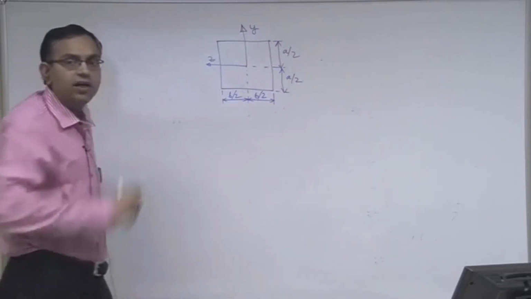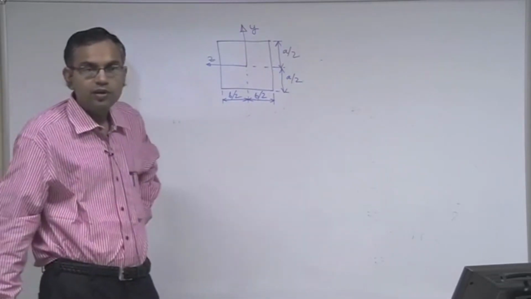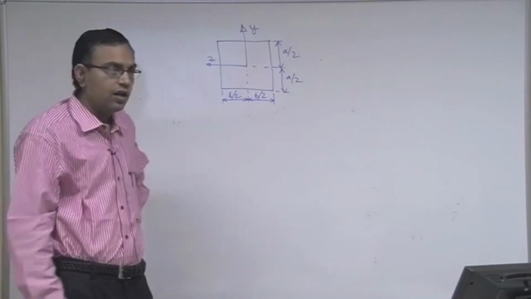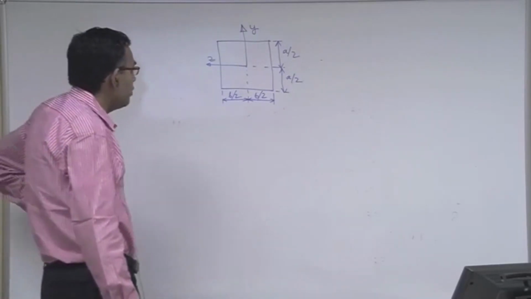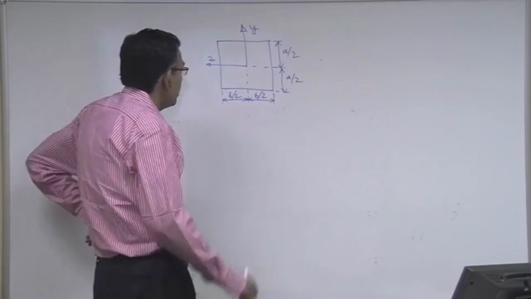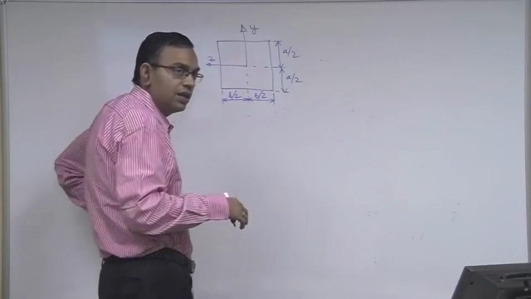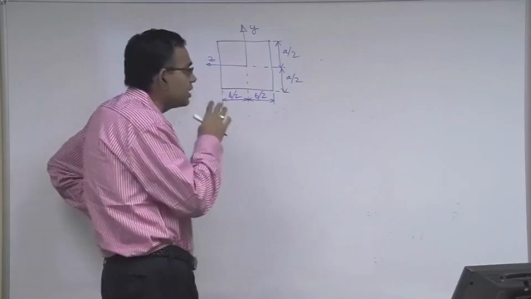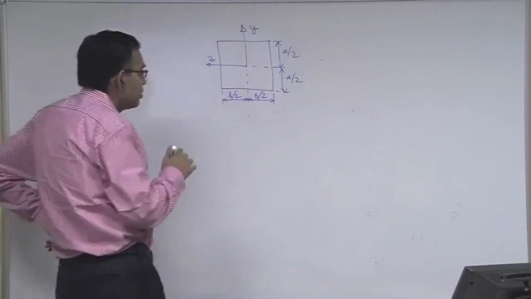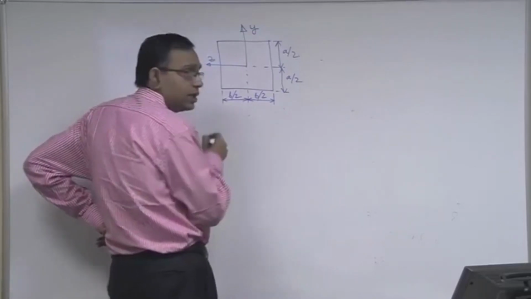Now let us write the governing equation first before going for a solution, and to write the governing equation, we can do a similar analysis like the parallel plate channel. Still we are assuming that it is fully developed. Let us write the x momentum equation.